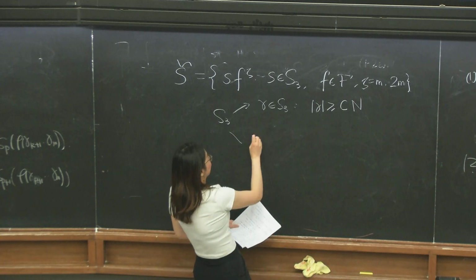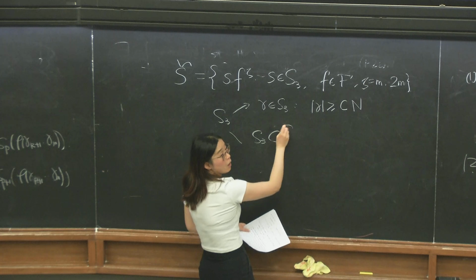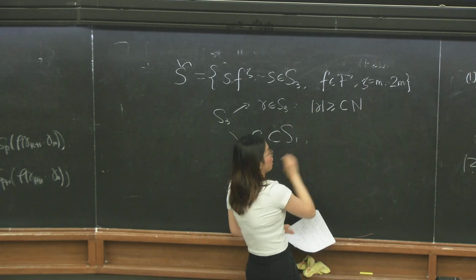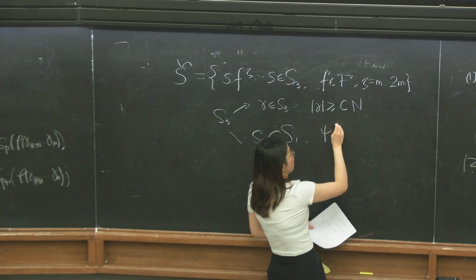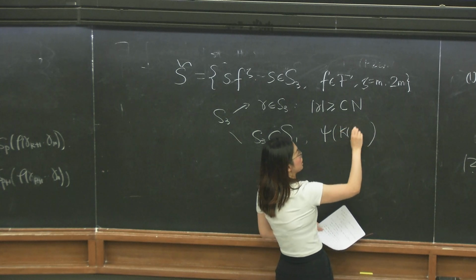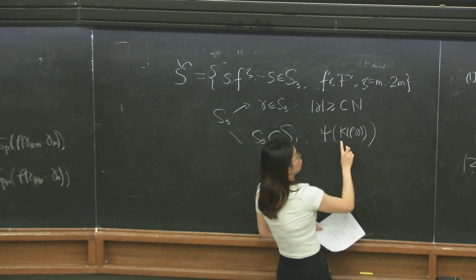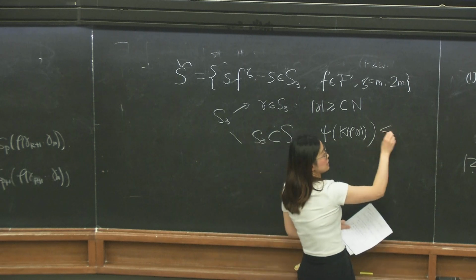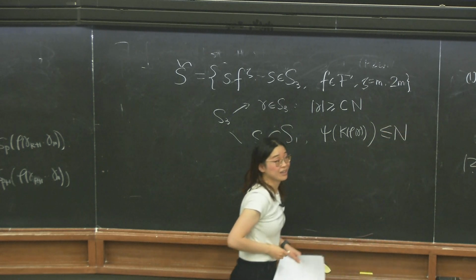And also I know that this S3, because it originally comes from S1, has the important property that when I input the Cartan projection to the functional, it is less or equal than capital N.